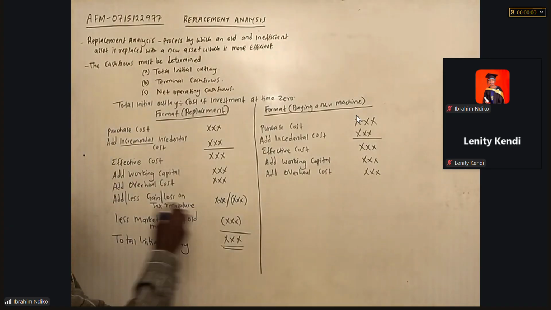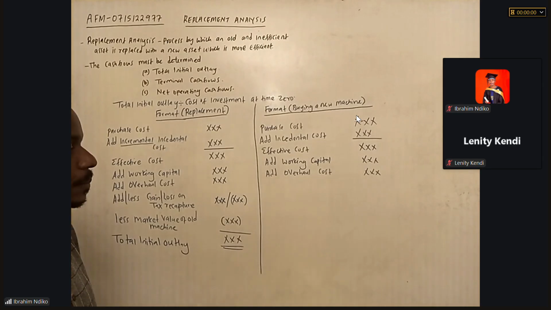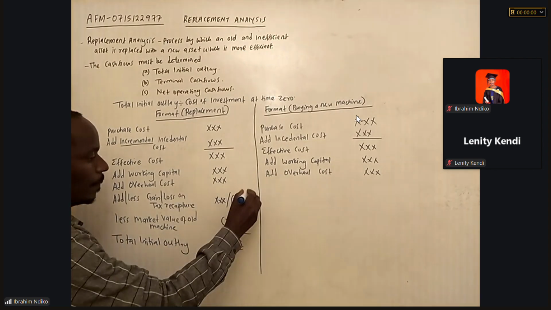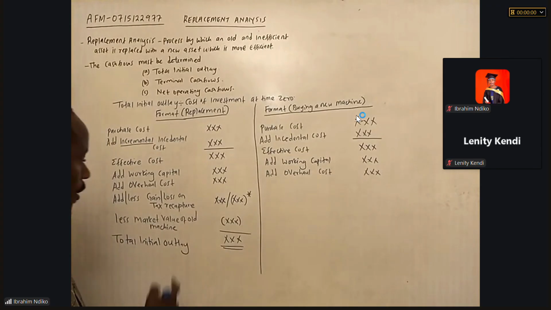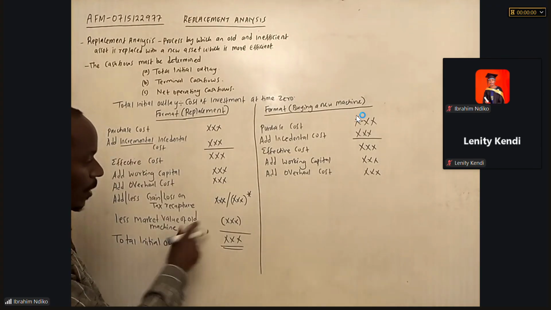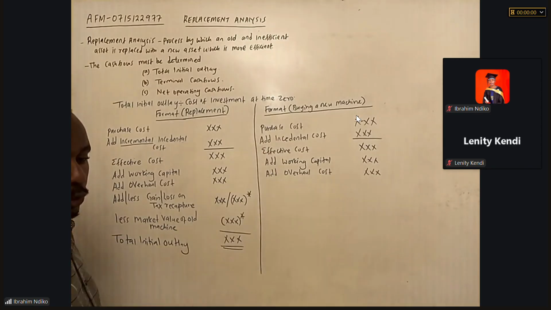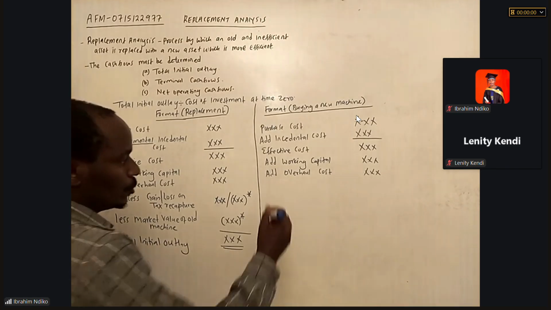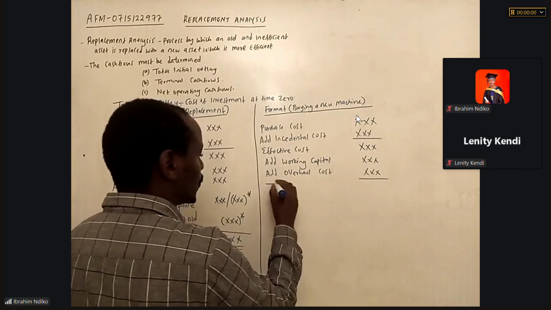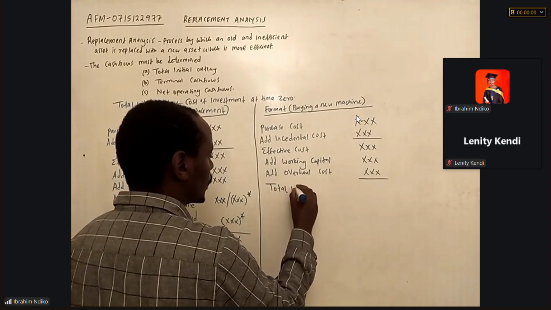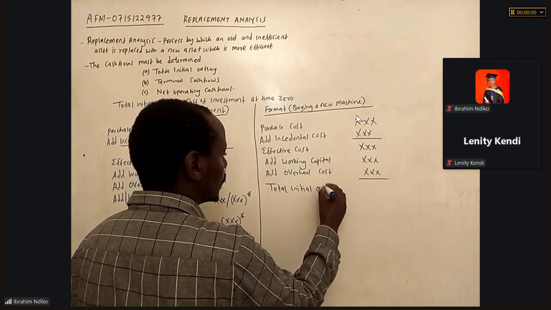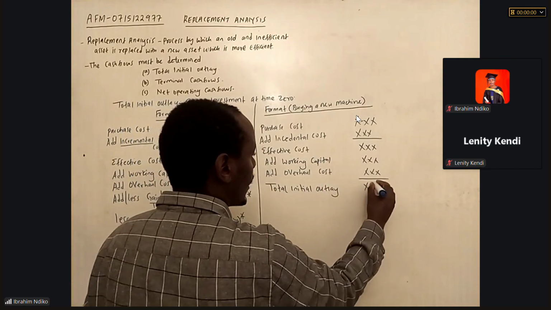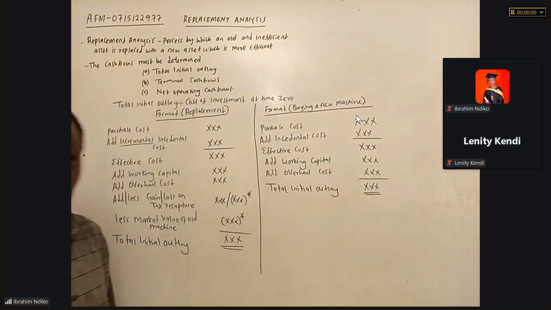Now the rest, these two items will not be there. Gain or loss on tax recapture is only applicable where we are replacing, so it will not be there because we are not replacing. Then the market value for the machine will also not be there, because we are buying a new machine without replacing. So our total initial outlay will be up to this point.